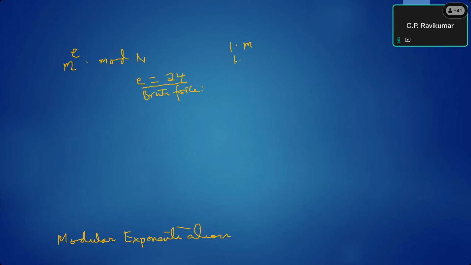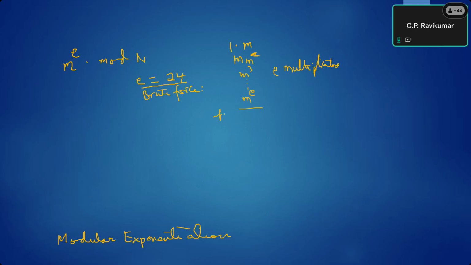Then 1 times m gives you m square, then m cube. Like that we can do. This is a very slow algorithm. It will take e multiplications.